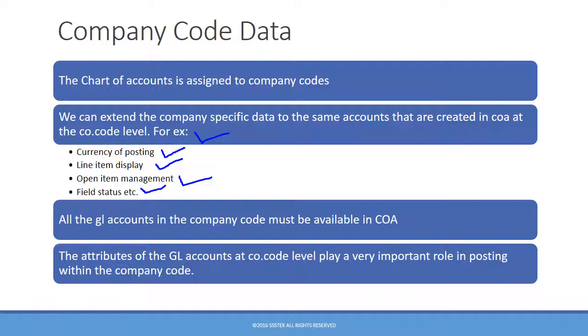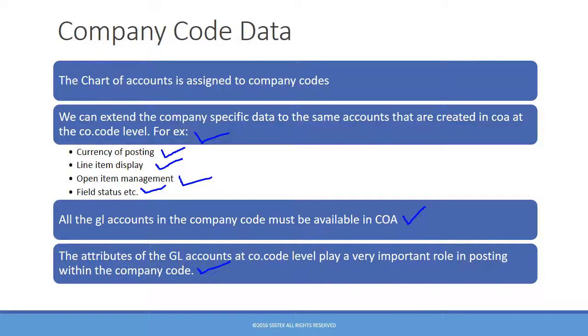All the GL accounts in a company code must therefore be available in the operating COA that it is assigned to. The attributes of GL accounts at company code level play a very important role in posting within the company code. Posting happens naturally as per the attributes that you have fixed at the company code level. For example, if you have made an account taxable, then it will become mandatory that you give a tax code for posting to that GL account.